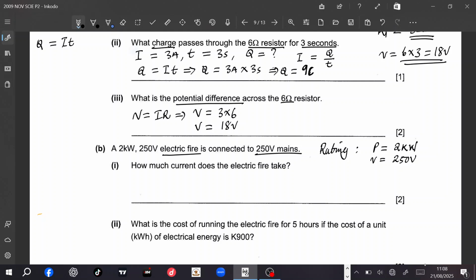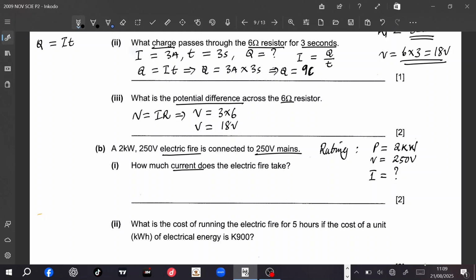So they are saying, Roman numeral 1, how much current does the electric fire take? If they're asking for current, you have these three provided here.